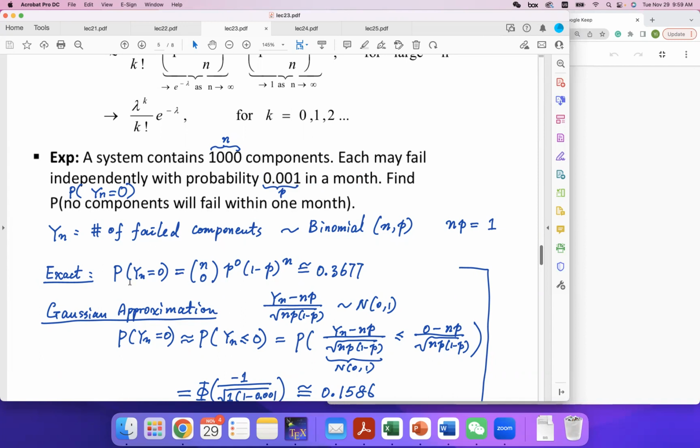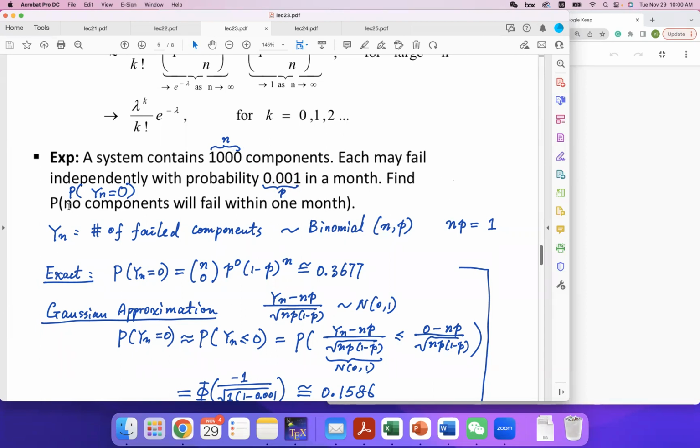Okay. So again, this is a standard binomial distribution. We can define Yn to be the number of failed components. Because we have 1000 components, and each component fails with this probability, this Yn is a standard binomial (n, p) distribution, where n equals 1000 and p equals 0.001.